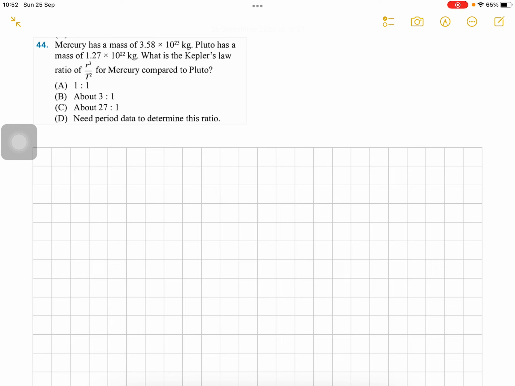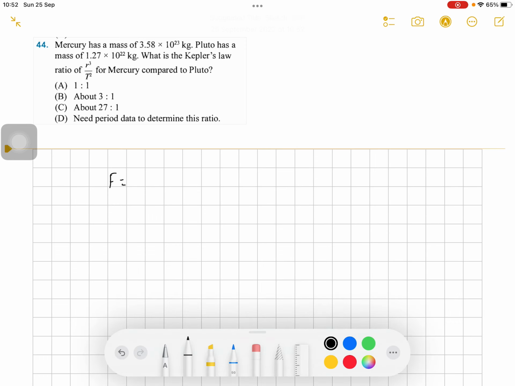So here we know Mercury and Pluto both are moving around the Sun. When we are considering the motion of a planet around the Sun, there will be the force of gravitation and the centripetal force. Force of gravitation is given by GMm by r square.